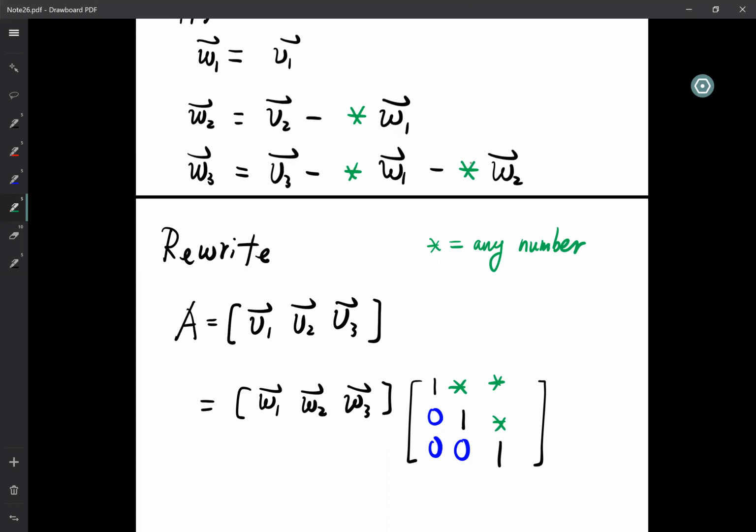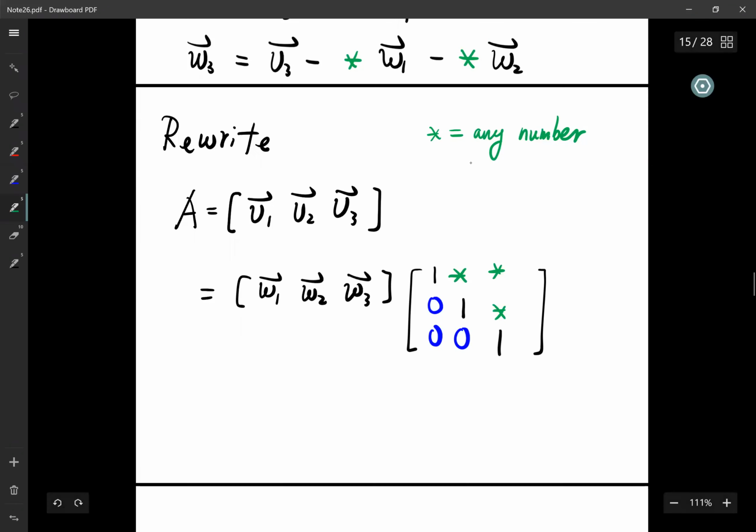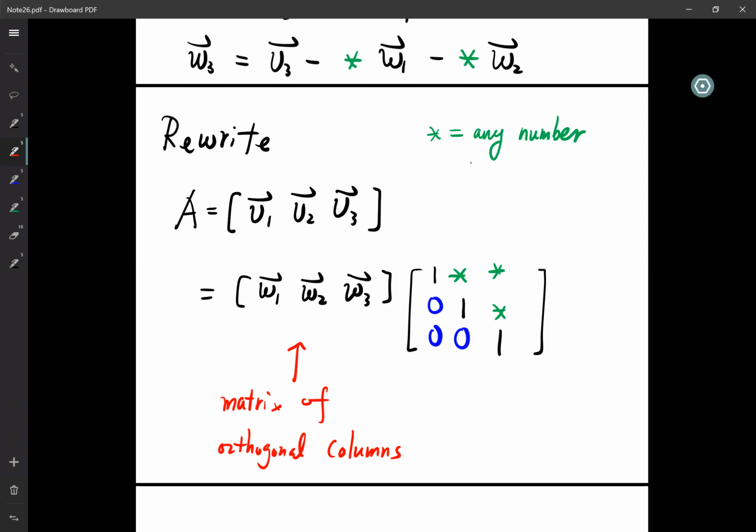So I'm doing nothing other than rewriting the Gram-Schmidt procedure into A equal to something. However, two things emerged. One is a matrix of orthogonal column vectors, and therefore I can call it Q. The other one is upper triangular.